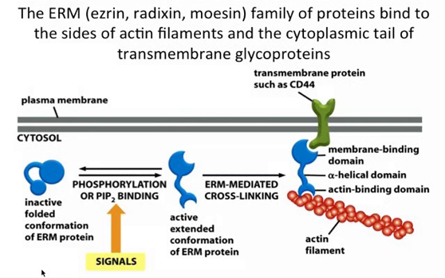So this is signaling regulated, right? Normally you have this inactive form of ERM protein, and phosphorylation or PIP2 binding results in a conformational change. So it opens up into this extended form, and now it can bind to a membrane protein and actin. What do you think might be happening here? Like muscles, I guess, moving. Nope, and we're going to talk more about that.